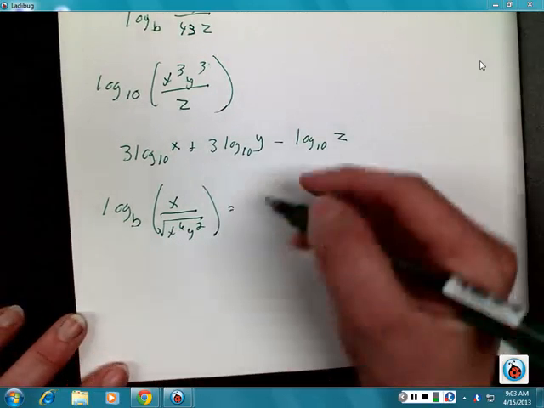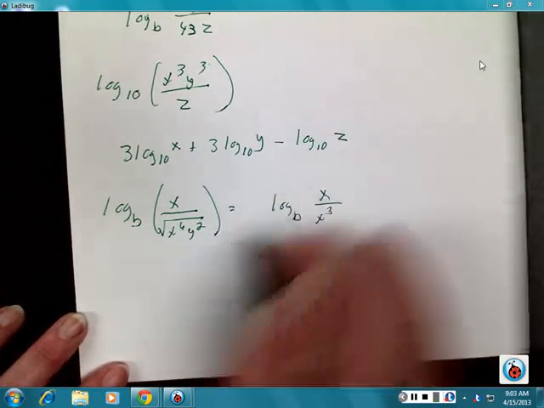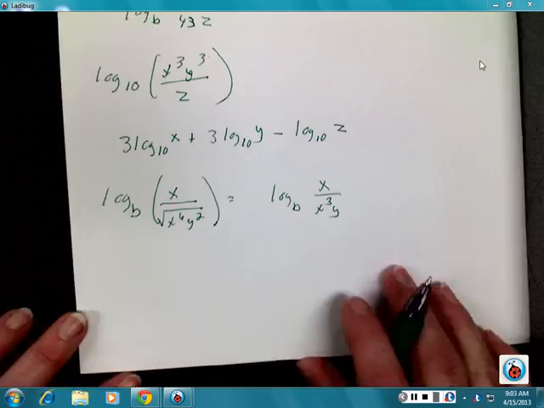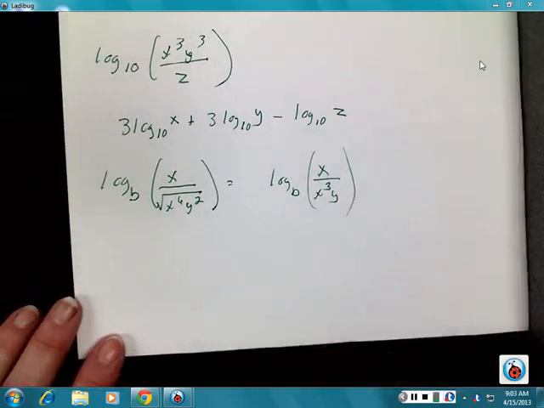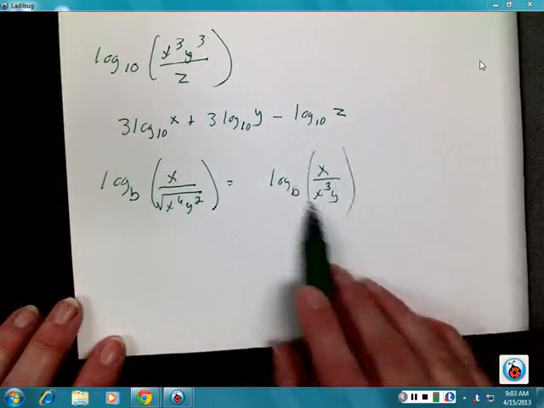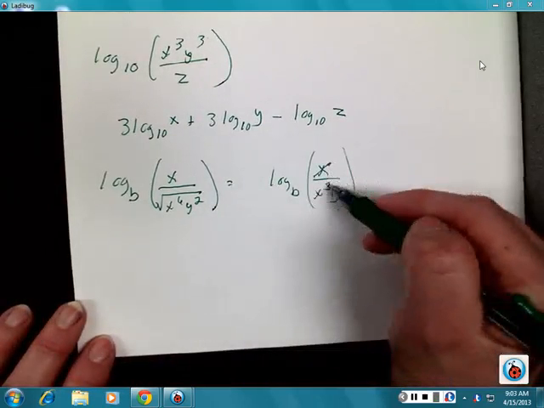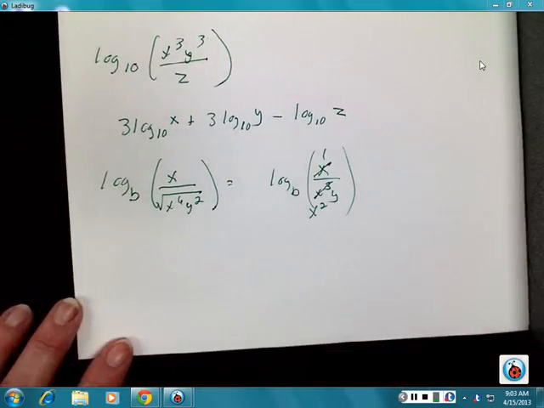X to the 3rd. And the square root of y to the 2nd is y. And so that kind of breaks it down some for me. But if I still look inside of here, what do you notice also? This x and this x to the 3rd can cancel, leaving me with 1 on top.